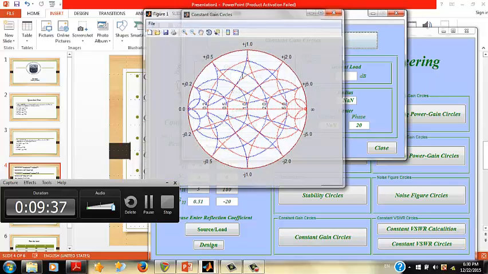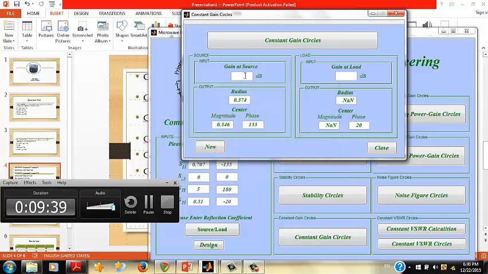Now we want to enter 0 dB and we got 0.471 for the radius and 0.471 center.